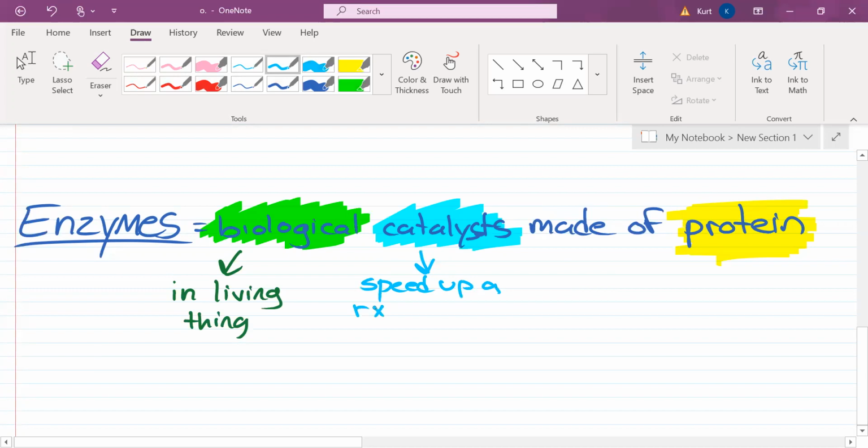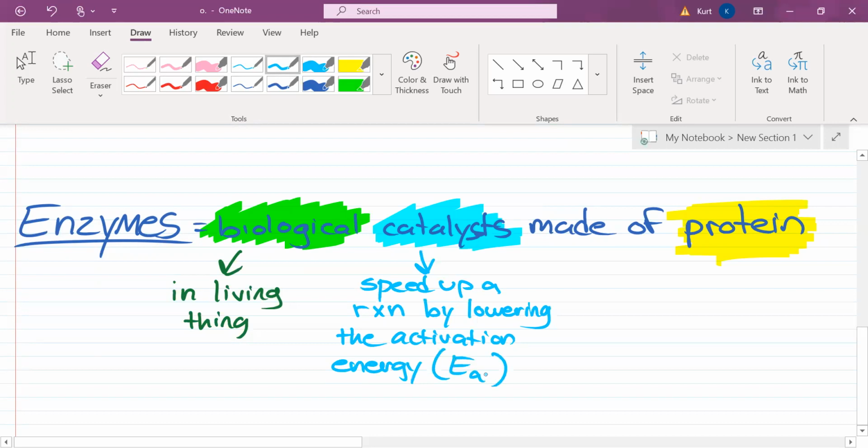And when you see me write RXN, that's the abbreviation for reaction. They speed up a reaction by lowering the activation energy, or the EA.